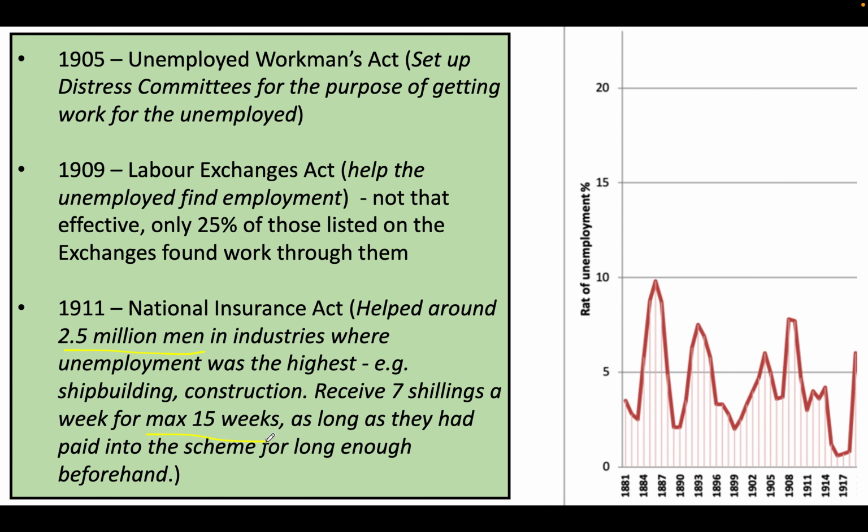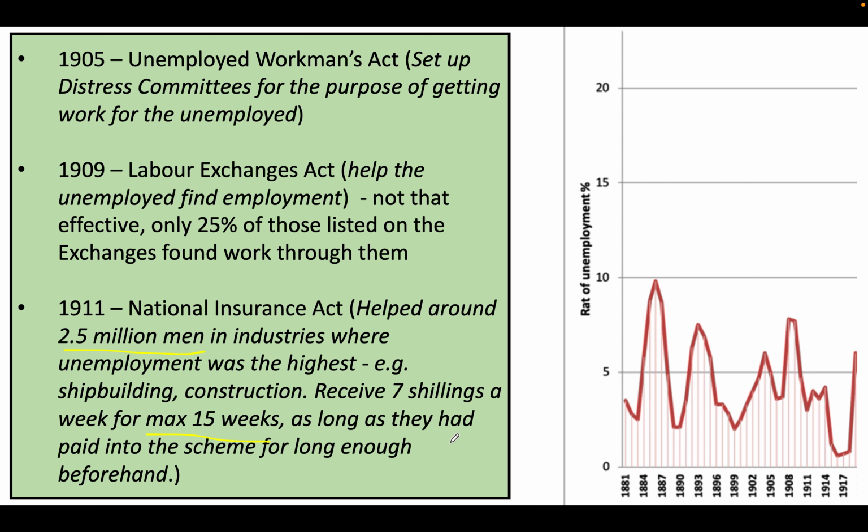If you have paid into the scheme for a certain amount of time, you will receive 7 shillings a week. And then after that 15 weeks is up, you're on your own. So in certain trades, this would be quite useful. If you were laid off because your shipyard closed down, and you needed a week or two to tide you over before you could get your job at your next shipyard, this is fine, this is great.